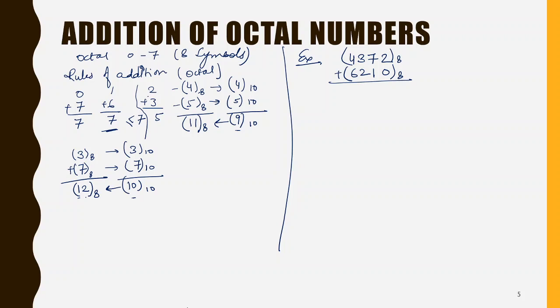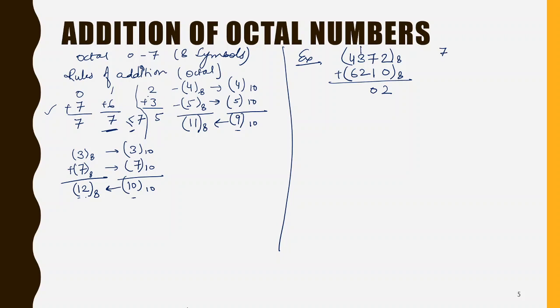Now 2 plus 0, you have to use this rule: adding 0 to anything, the number will be same. Then 7 plus 1. 7 plus 1 becomes 8, so it is greater than 7. So 8 will be written as 0 here and 1 carry.